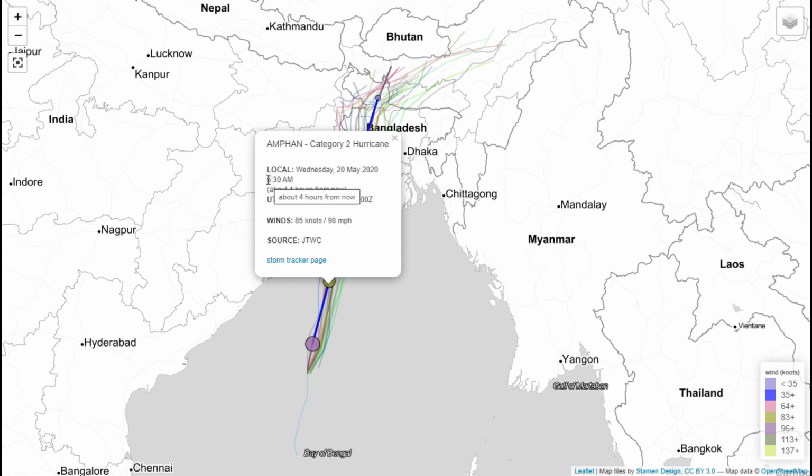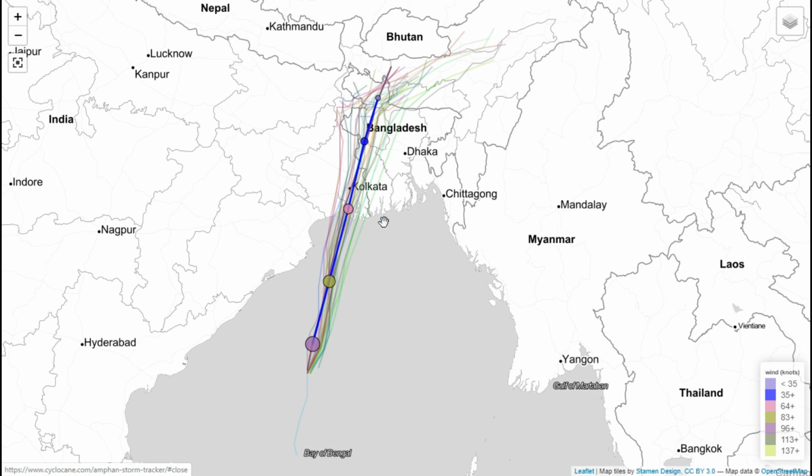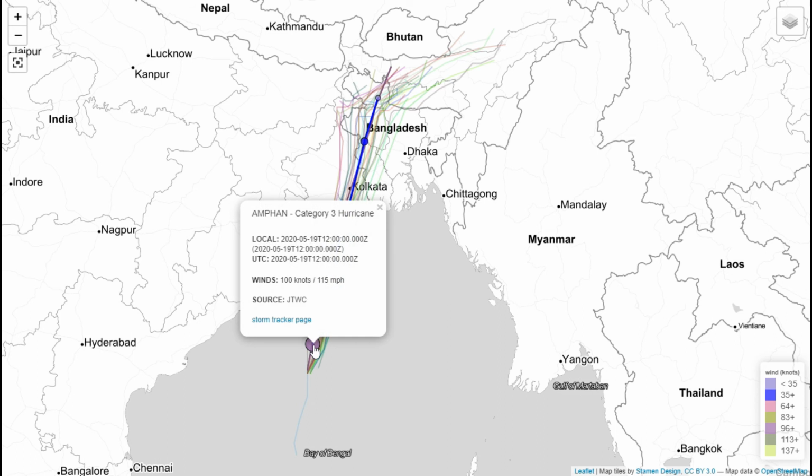And then its speed will be 98 miles per hour. So you can see that as the super cyclone is gradually moving towards the Indian mainland, it is slowly losing its strength. At point number 1, the speed was 115 miles per hour. But at point number 2, the speed is 98 miles per hour. But still it is lethal, very dangerous.